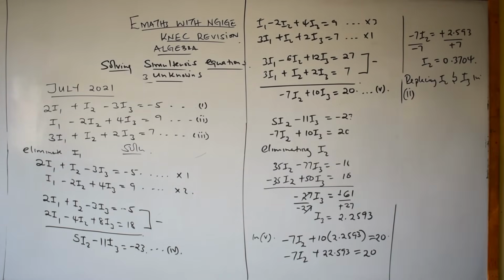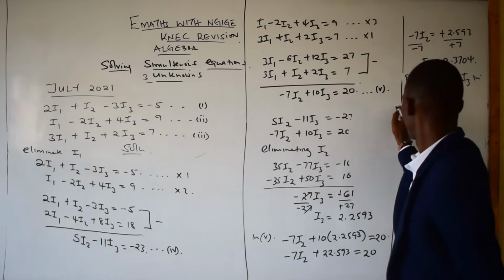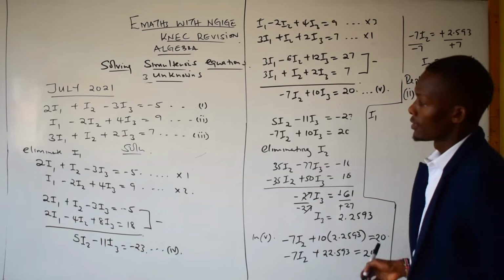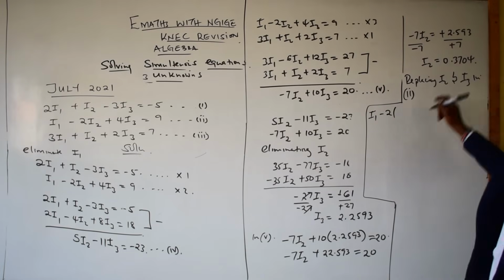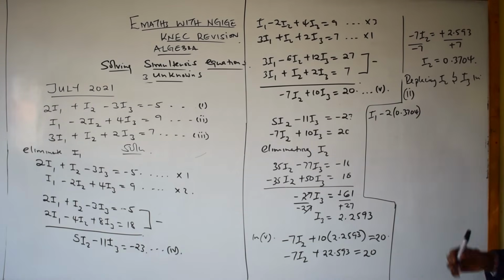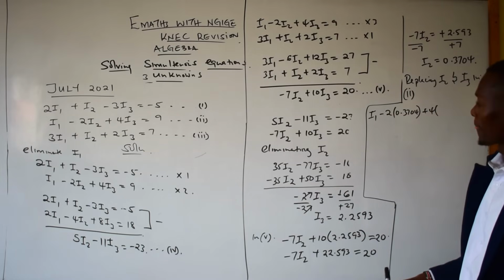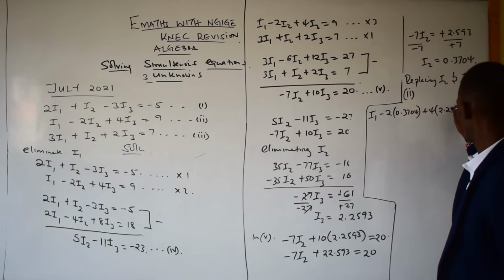So in equation number 2, we have I1 minus 2 times our value of I2, 0.3704, and plus 4 times our I3, which was 2.2593. This should give us 9.